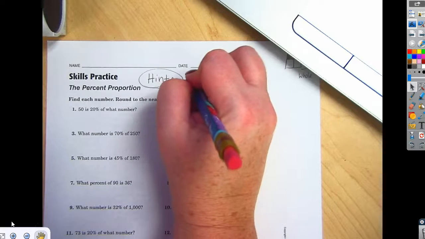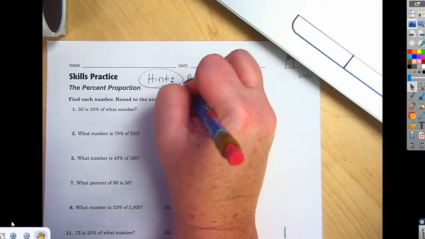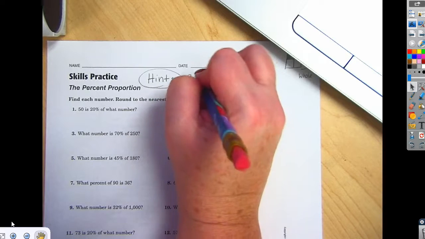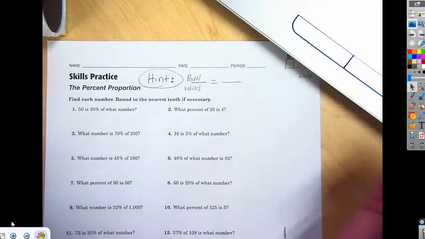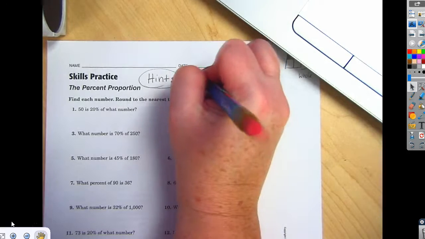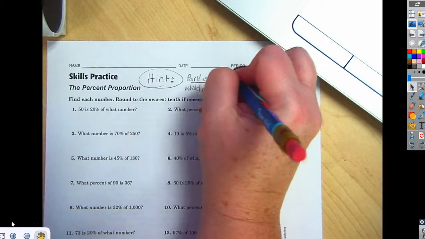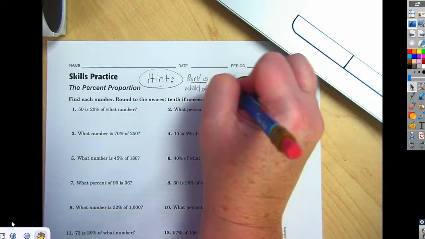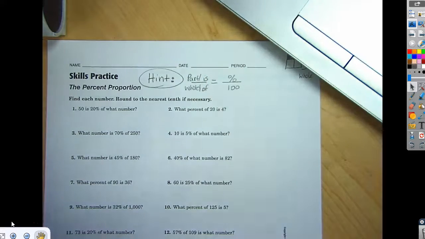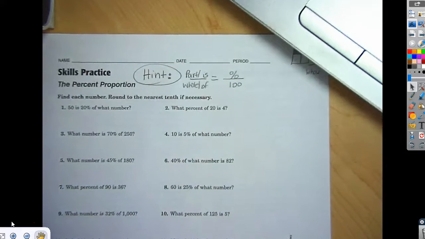So our part over the whole. What are the words that go with part and whole? Part is, and the whole is the of. And then this is the percent over 100. We have to be able to see the percent proportion on all of these.